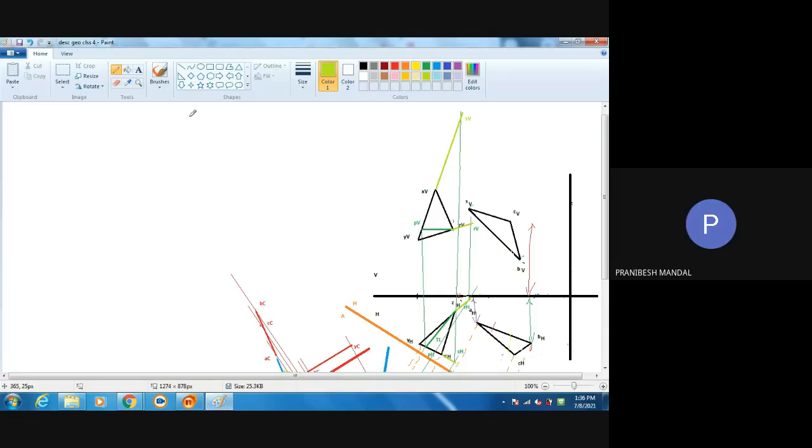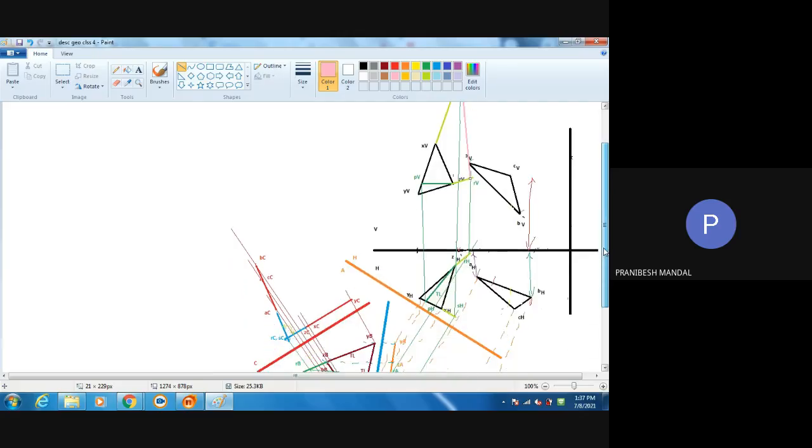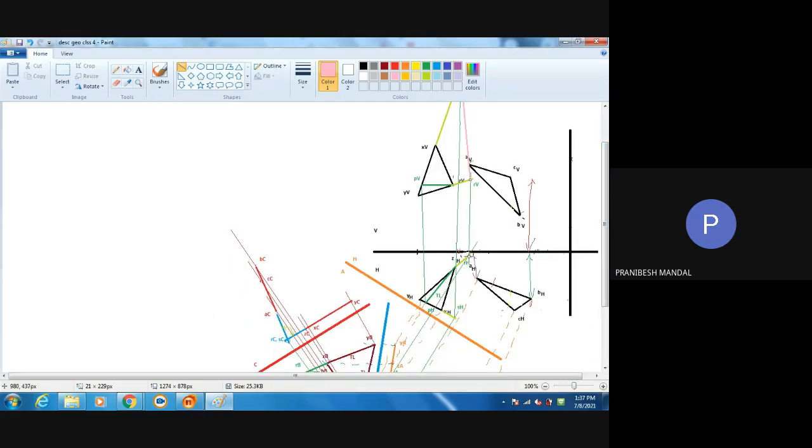So if I join it, I can join it, but I need not join it also sometimes, and I can readily say, the intersecting line is RS, where coordinate of R is this and coordinate of S is this. That will do the trick, yes or no? Yes, sir.